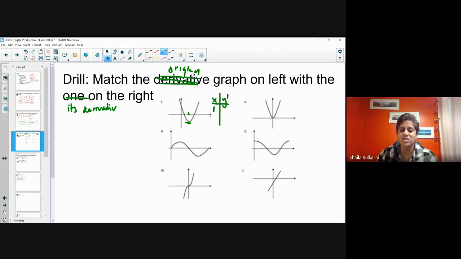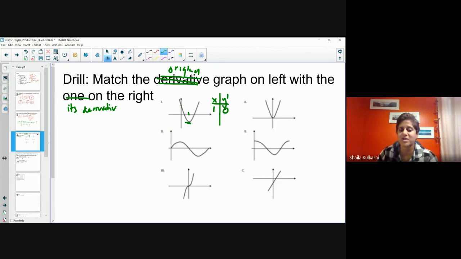So at x equals 1, the slope is 0. So I am trying to find a graph that at x equals 1, the y value is 0, because the slope value on the original graph becomes the y value on the derivative graph.